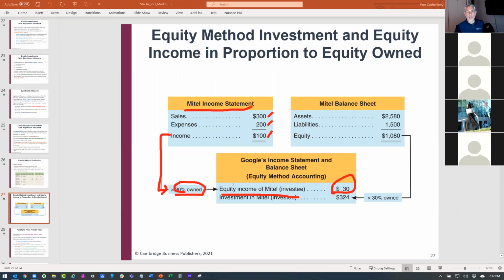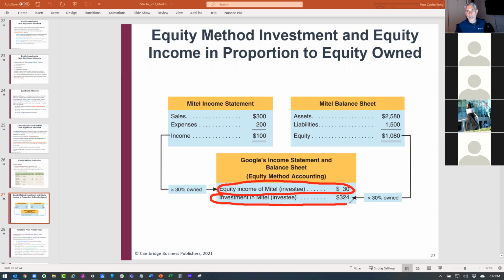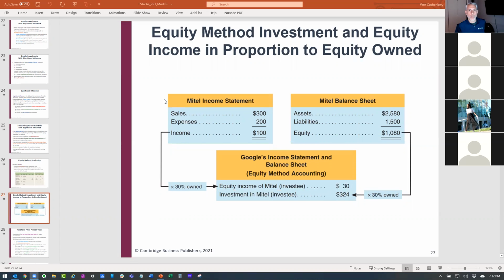This would show up on the income statement. And then the investment in Mattel is adjusted by the same number. And we show a 30% interest in the book value of Mattel on our balance sheet. And that's called the equity method of accounting.